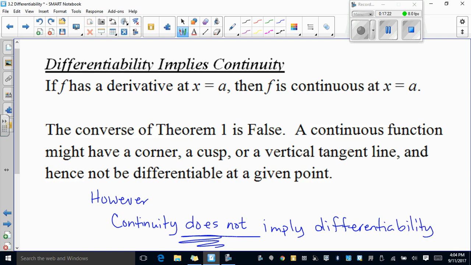And that is something to make sure that you know. That just because it's continuous doesn't mean it's differentiable. Okay.